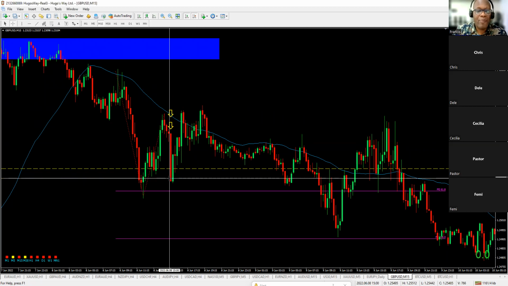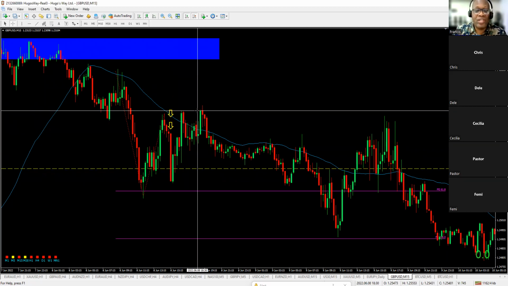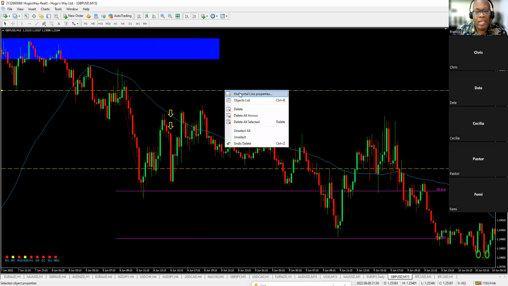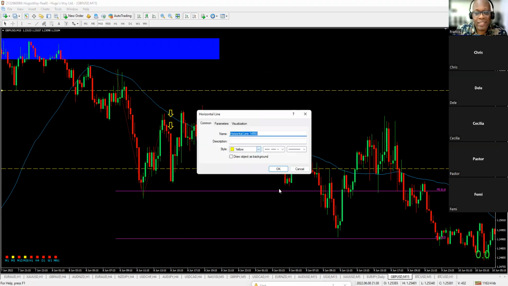Guess what? It basically pulled back against you. That's fine, because you are going to be placing your stop loss above that swing anyway. You could decide where you'll place your stop loss. Let's make it red. That's the stop loss.